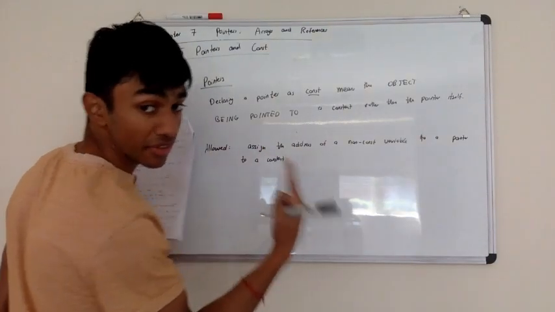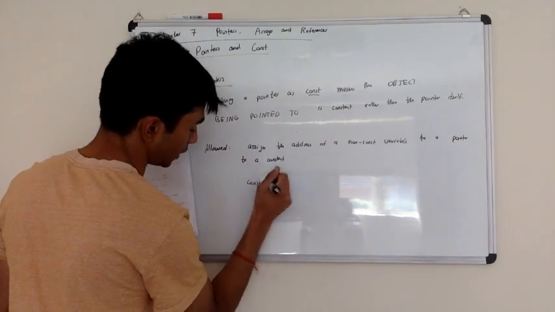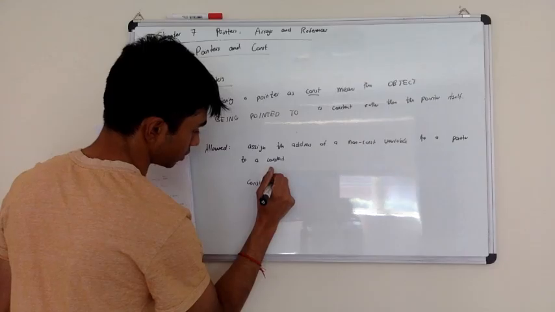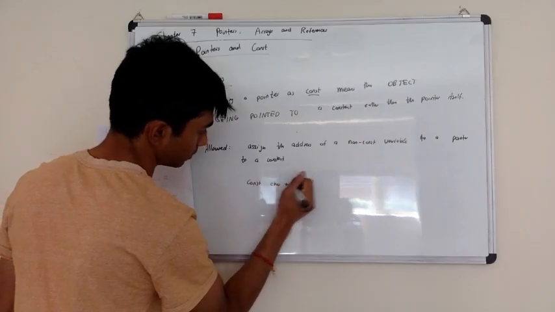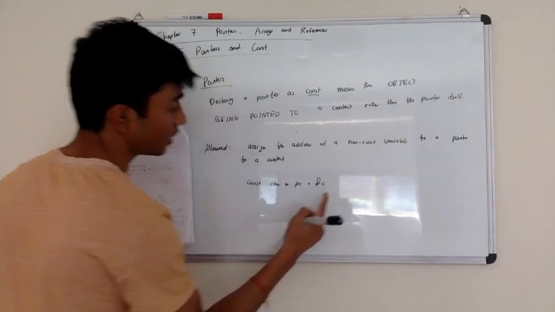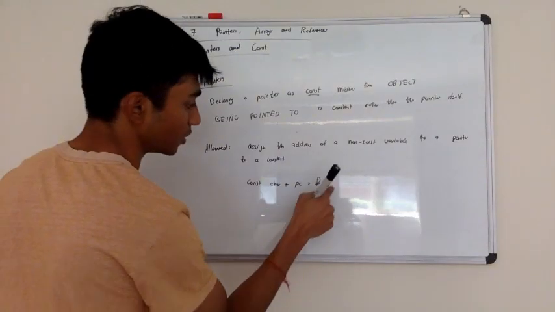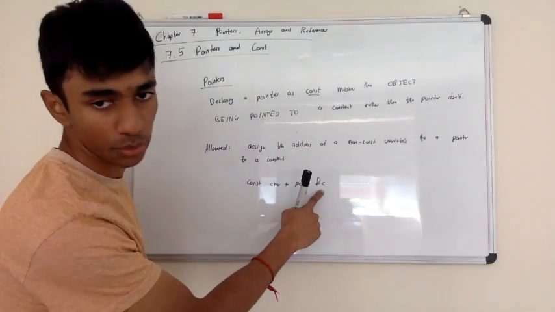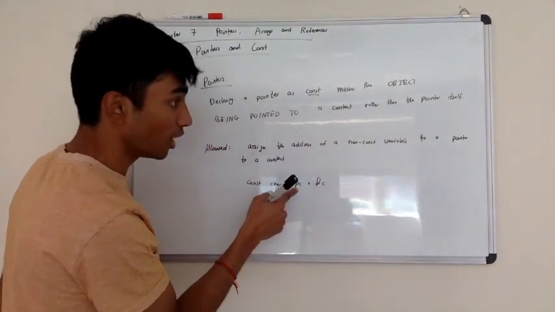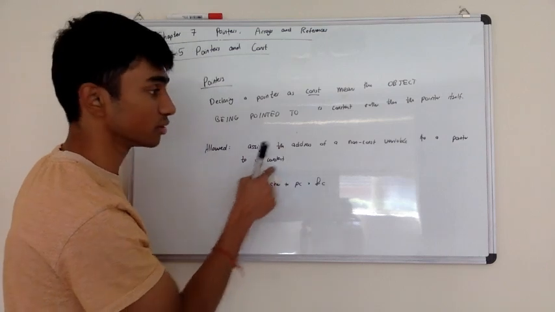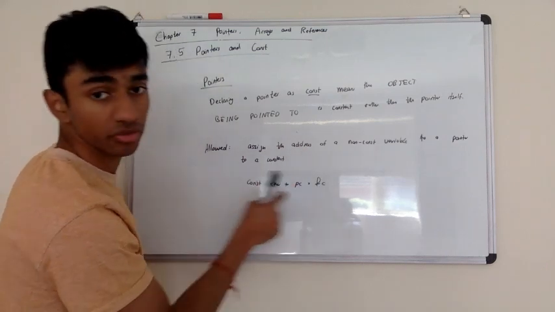That is to say, it's about that first case. So if I have const char star PC equals &c, that is us assigning the address of a non-const variable, right? C wasn't const, assigning that to a pointer that points to a constant. That's what this line is saying. This is perfectly fine, as we've discussed.